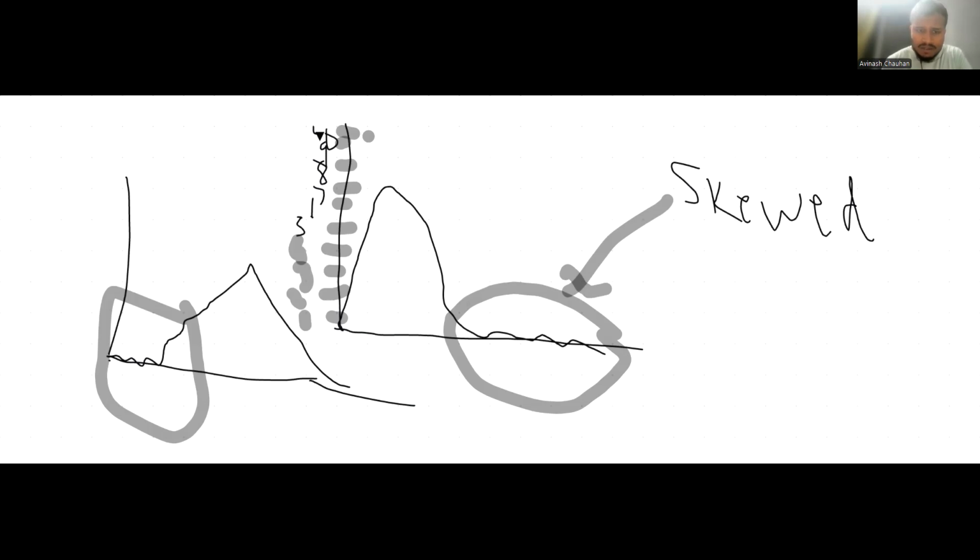Similarly, here you can see one is there, two is there, three is there, four, five, six, seven.